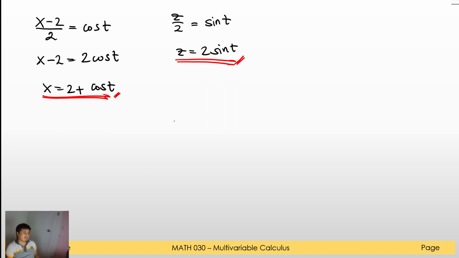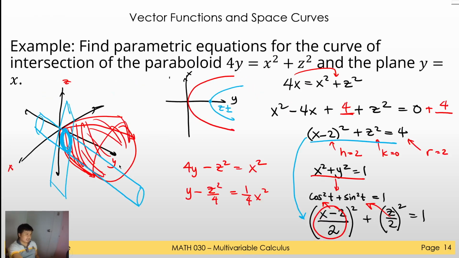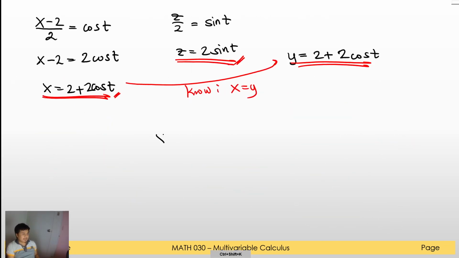Now, again, we know that x is equal to y for this to work. So therefore, your y is also 2 plus 2 cos t. Okay, so your parametric equation will be x is equal to 2 plus 2 cos t, y is equal to 2 plus 2 cos t, and we have z is equal to 2 sin t.